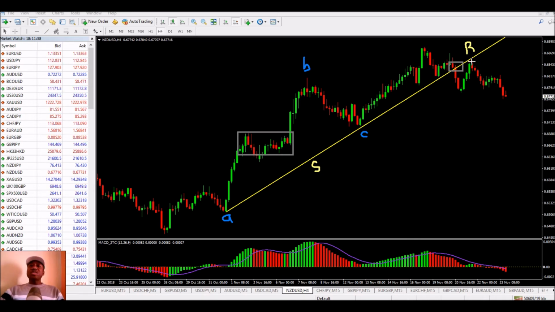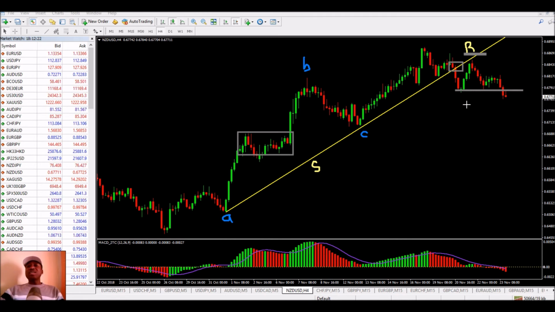So at this point you can see when you want to trade this, you would like to put your stop loss somewhere here, just above this high, and your entry point will be below here, right?